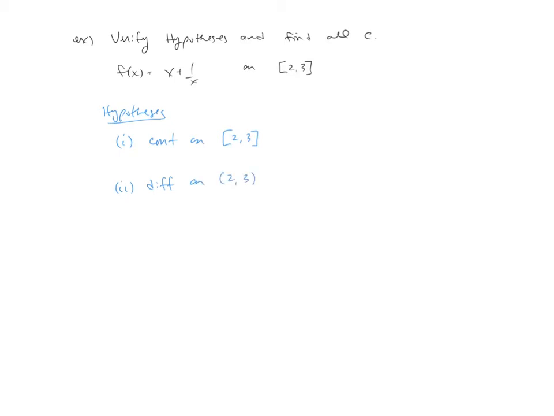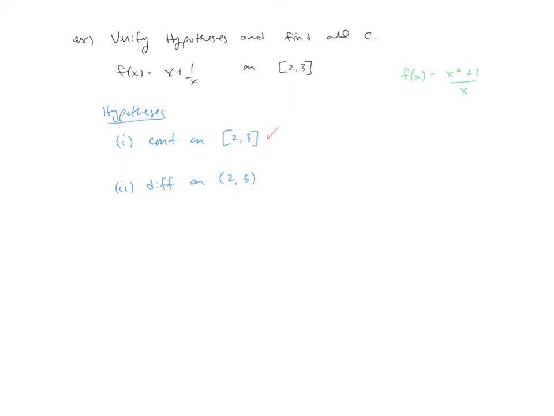So in order to do this, a couple things that you might consider. The function f can be rewritten here as x squared plus 1 over x. If I combine those two terms into one term, we can see that the only place of discontinuity would be at x equals 0, and that's not in our interval, so I know we're good there. So check.